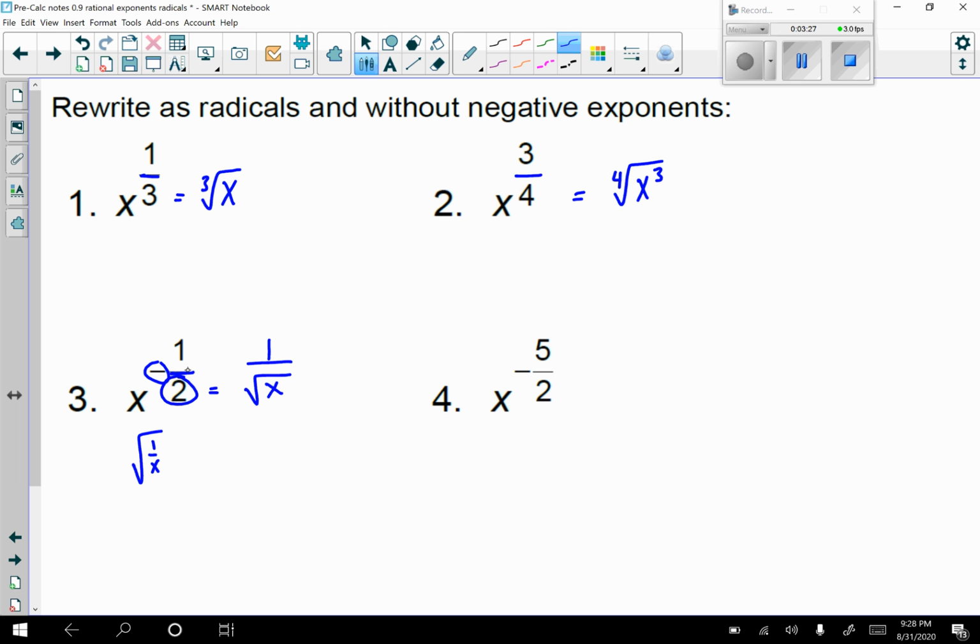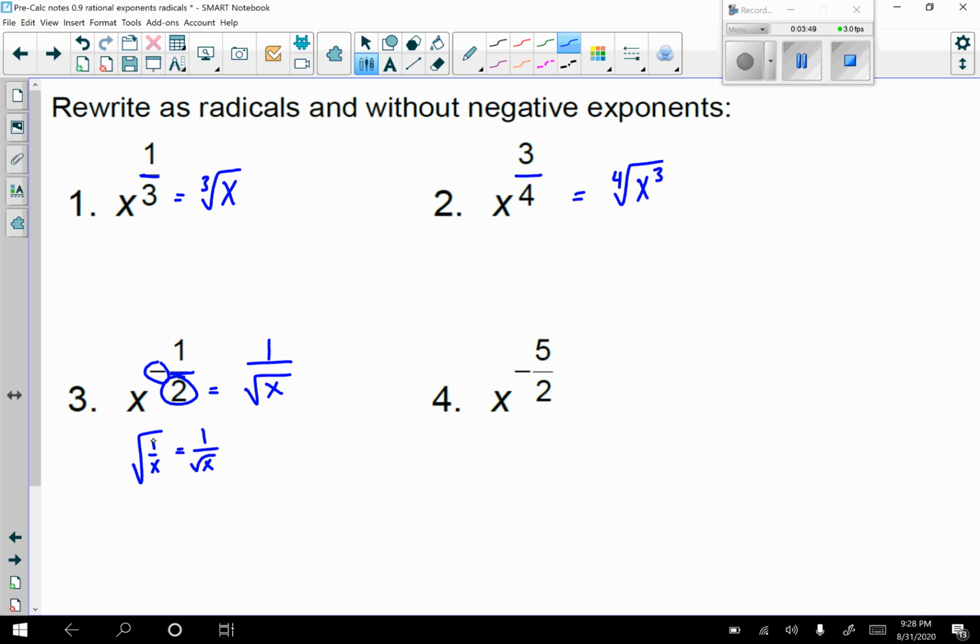Square root everything if you want to, but you do this separately, like a power over a fraction. So we square root the 1, we get 1, but the square root of x we still write as x. So think about those as separate pieces. The negative makes it a 1 over, or switches sides of a fraction. The denominator is the radical, the numerator is the power.